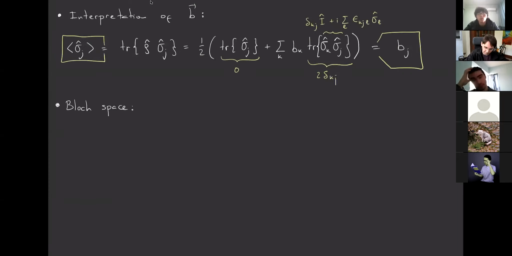And let me see if I can plot it beautifully. I hope I can. I will try my best. And this space is just the following: it's a space in which we have 3 dimensions, and on each dimension we write the expectation value of a Pauli operator.